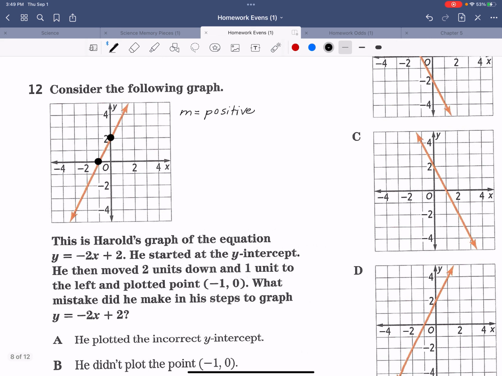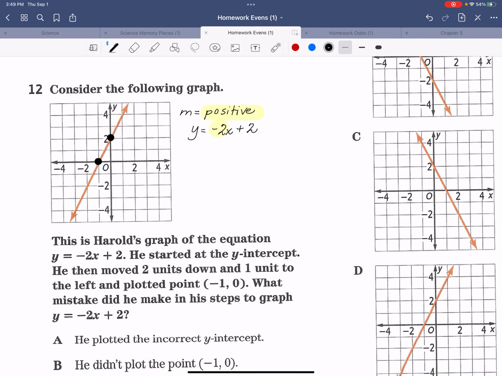This is Harold's graph of the equation y equals negative 2x plus 2. Well, I can already tell you that Harold has a problem because that slope is positive and Harold's slope is negative. So something is wrong with his situation here.